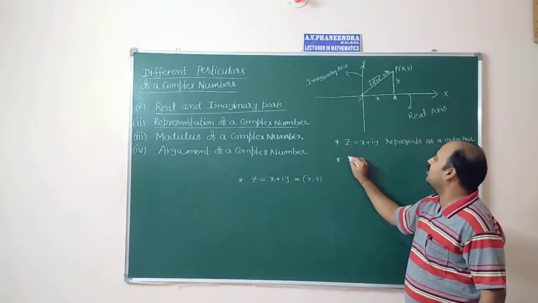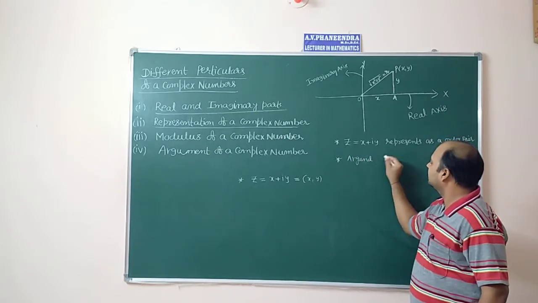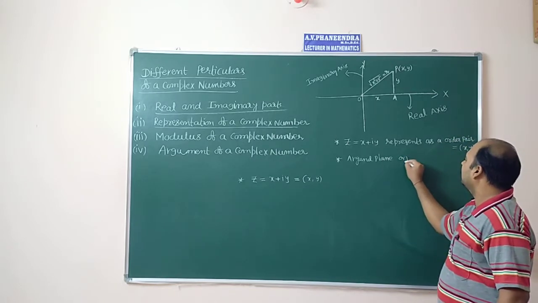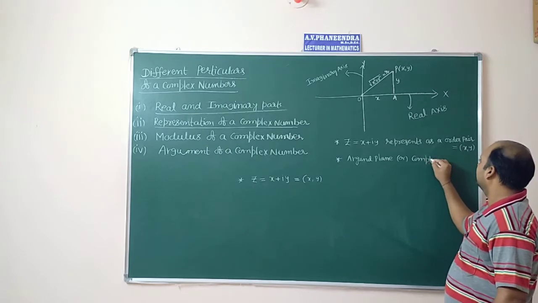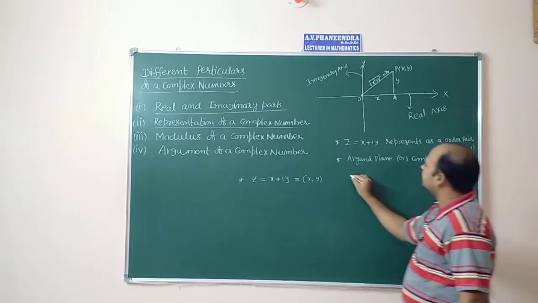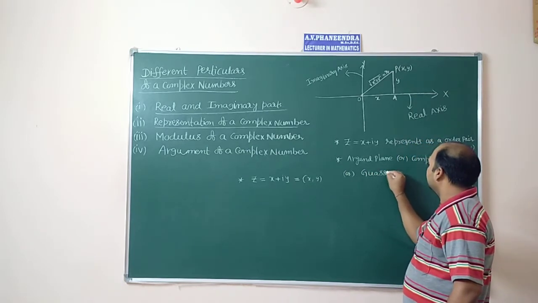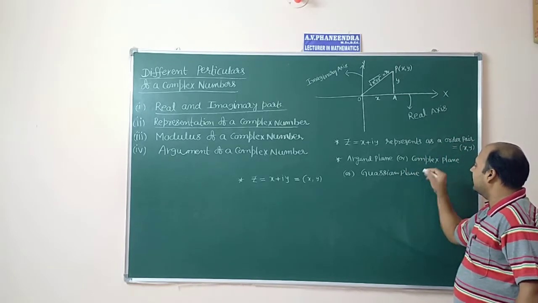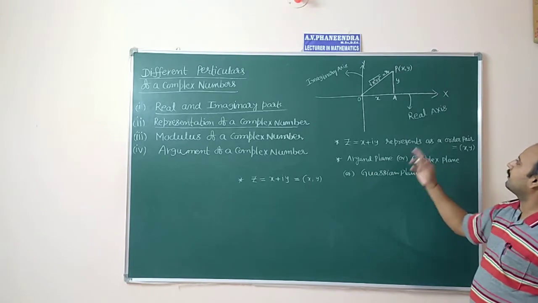The above plane is called the orthogonal plane, or another name is there, the complex plane, simply complex plane, or one other name is there, the Gaussian plane. Gauss was a mathematician. So, like this, you have to represent.